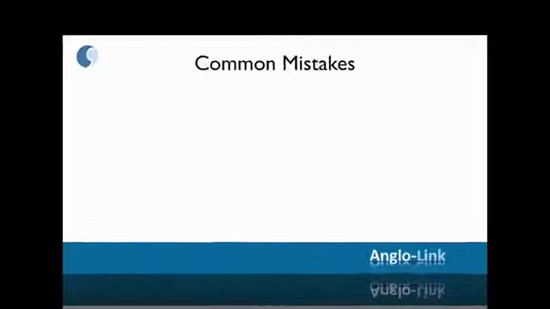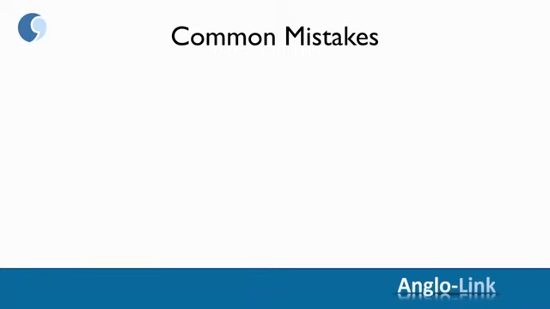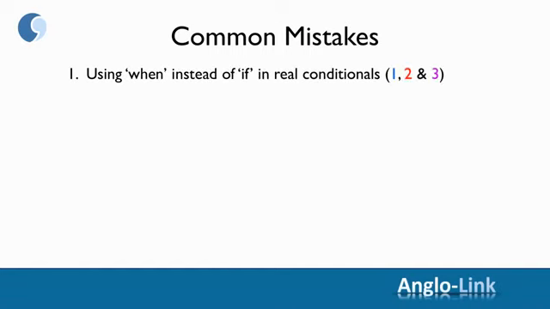Okay, let's look at some common mistakes. Common mistake number 1 is using when instead of if in real conditionals 1, 2, and 3. Remember that you can use when instead of if in conditional 0. Let's look at some examples.